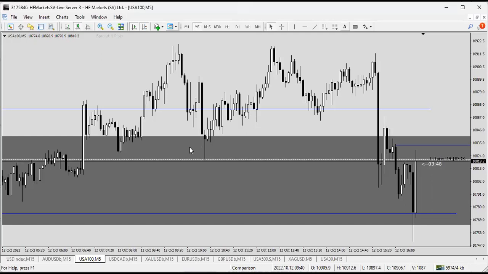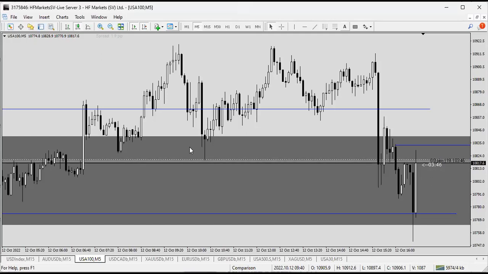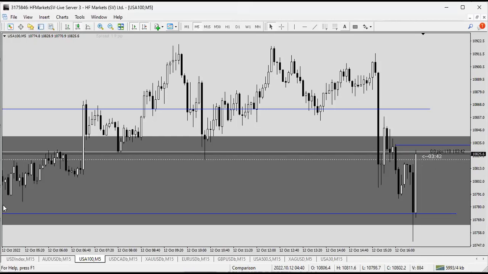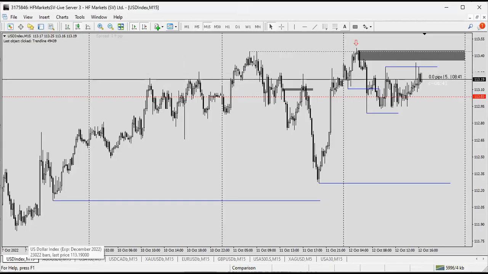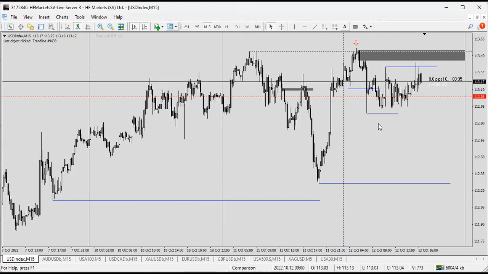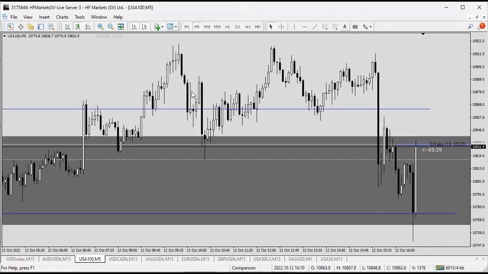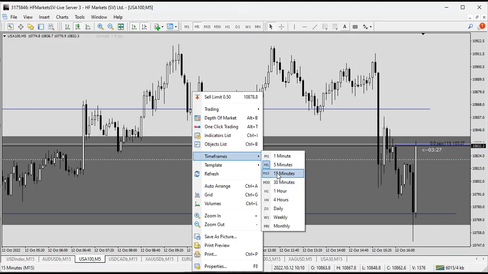Yeah, there are going to be some M5 shorts inside here. I'm deciding if the shorts or the sell to buy is worth it. Maybe not. So we just have M15 highs taken.